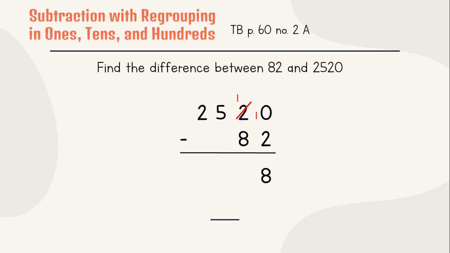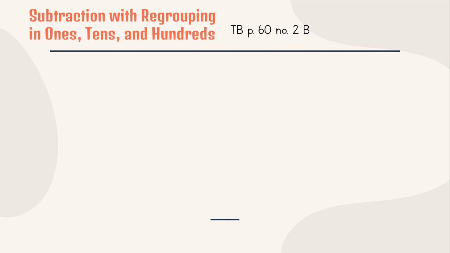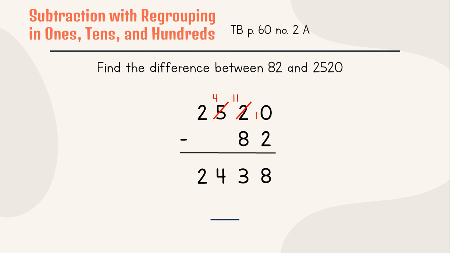So if it cannot, what do we have to do? We have to borrow from 100. So 500 minus 100, that's it. 11 tens minus 8 tens equals 3 tens. And 5 goes down, 2 goes down. So the difference between 82 and 2,520 is 2,438.